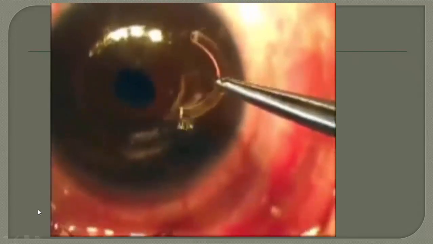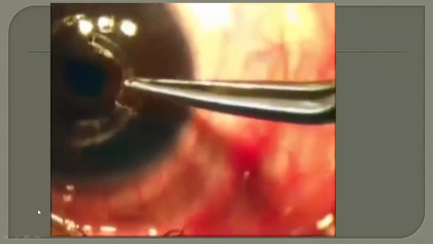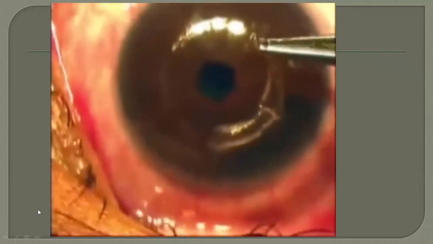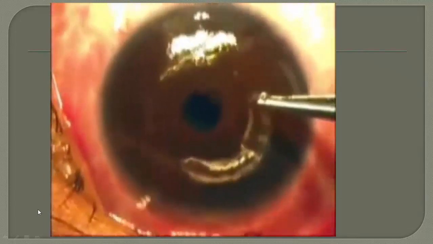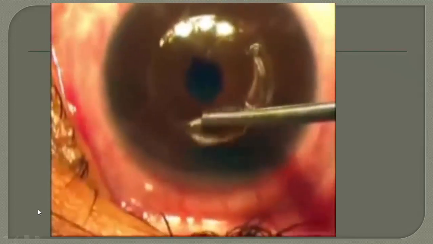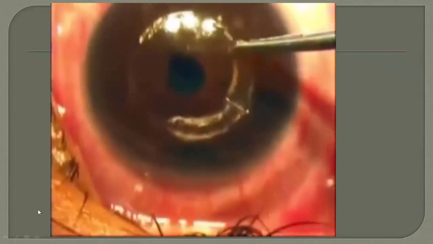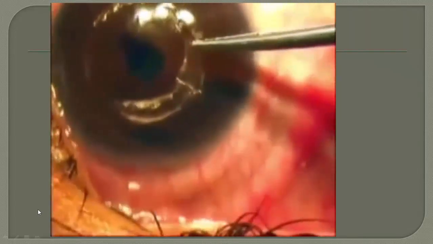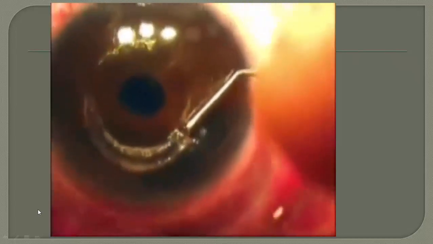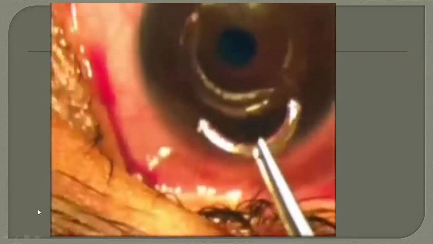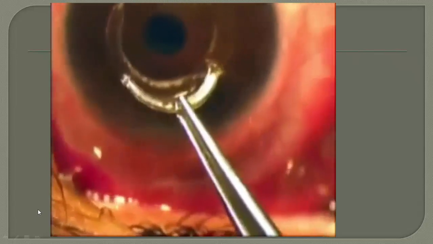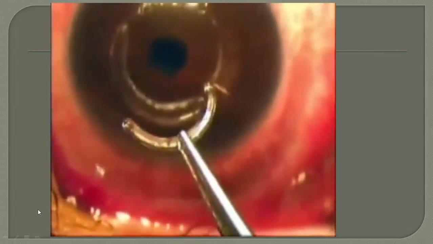We implant here the first ring by inserting it with a special device. Then we push the remaining part of the ring through the tunnel and then insert the other ring segment to the other side of the tunnel.